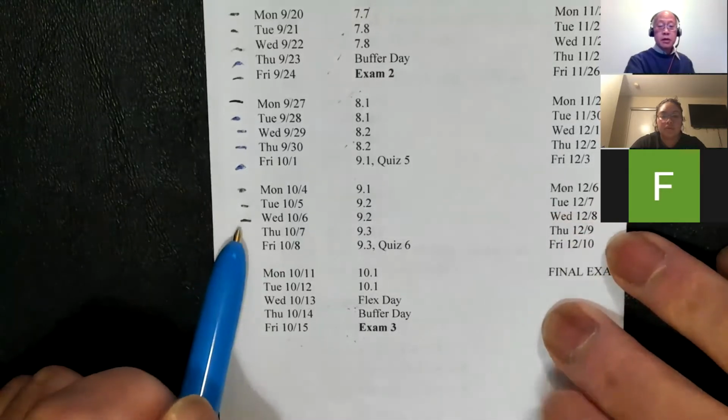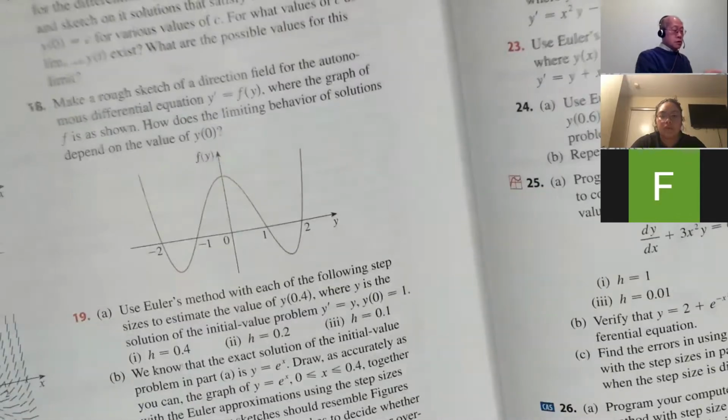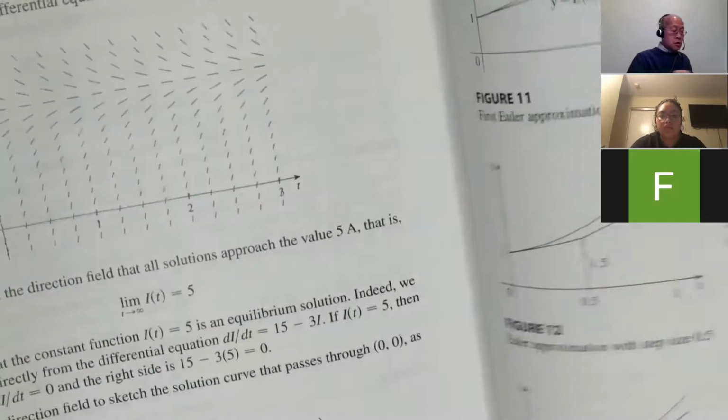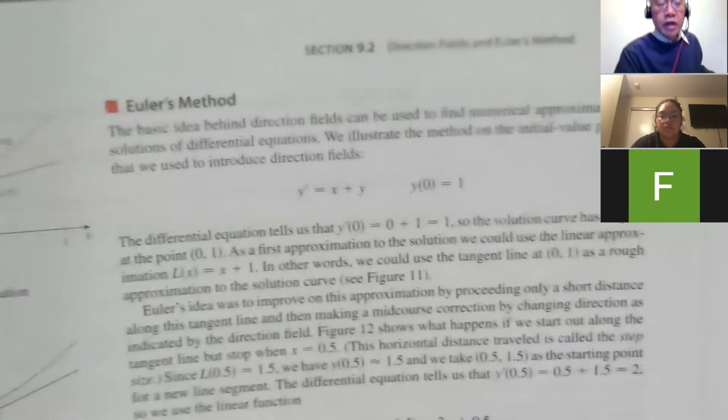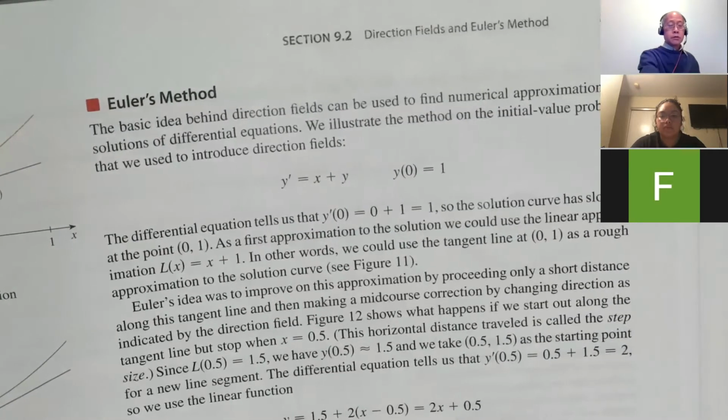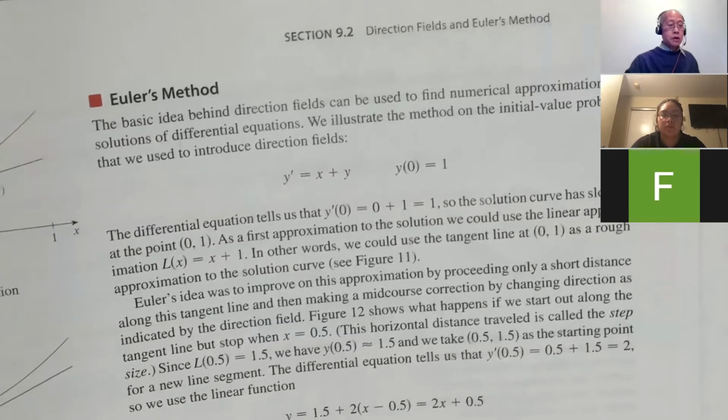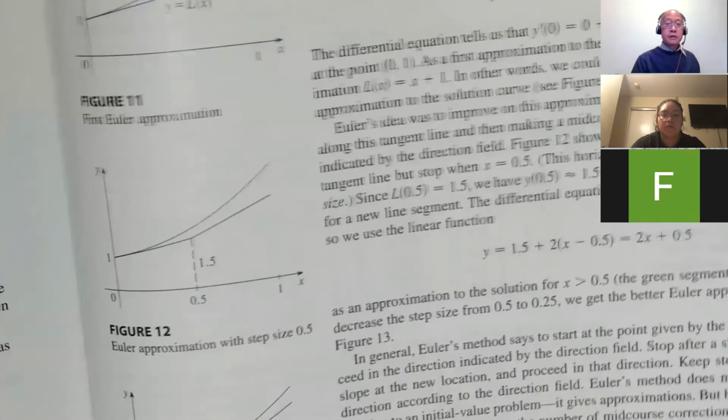All right. So today we're going to do Euler's method. Euler's method on page 595. So here's the idea.